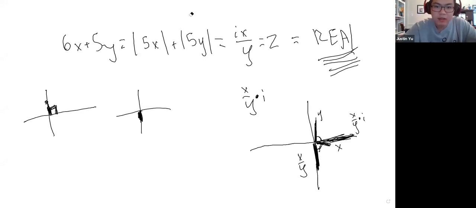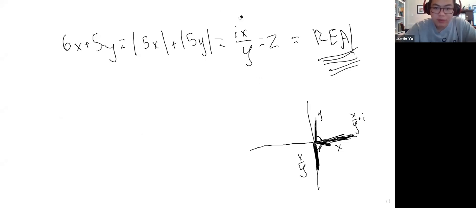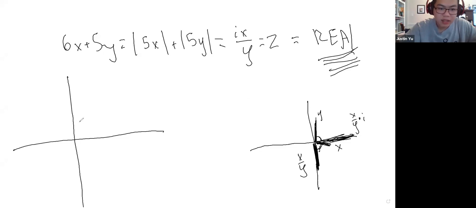So let me clear up some space. And let's see what happens when we work with this information. So let's say this is y, and this is x. What do we know about 6y plus 5x again? Or 6x plus 5y? It's real. So you remember how I drew that addition, with the arrows on the complex plane?